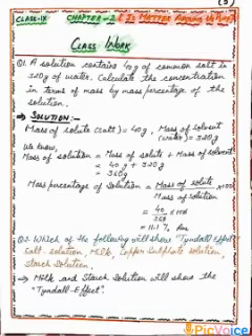So, mass of solute, that is 40 gram. Mass of solution, that is 360 gram. So, according to the formula, 40 upon 360 multiplied by 100. The answer is 11.1%.